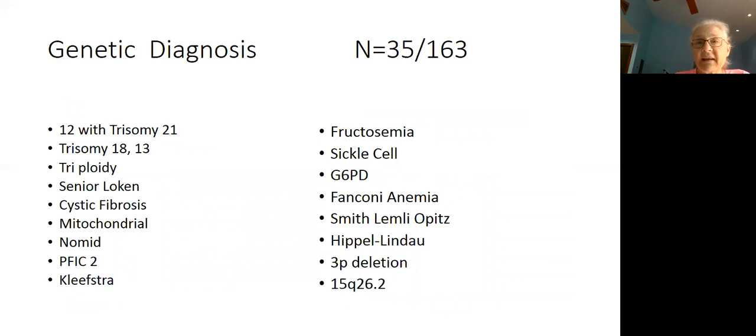We also have a lot of genetic mutations. If you look at my study, we had 12 babies with trisomy 21, which can cause cholestasis, and then a whole host of other mutations which were associated with liver dysfunction.